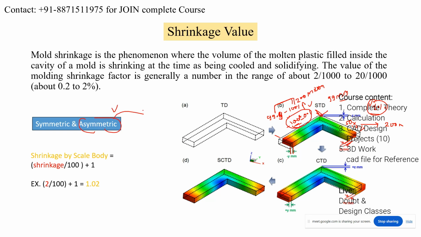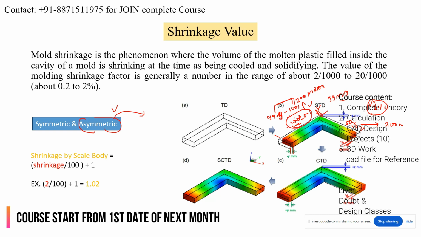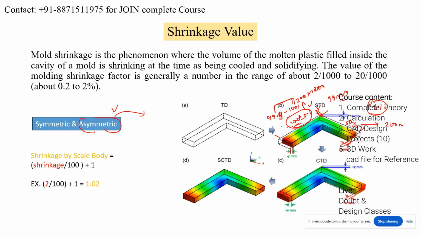As I told you, this concept is very important for controlling the dimension. For a precise dimension of any component, which is very important for fitment purposes, we have to use asymmetric shrinkage value.